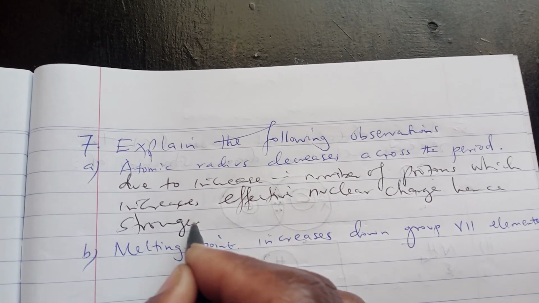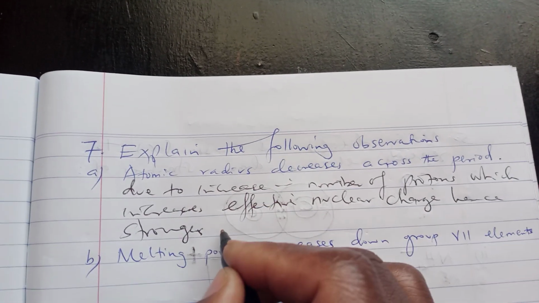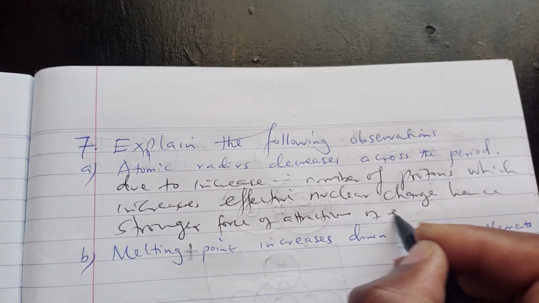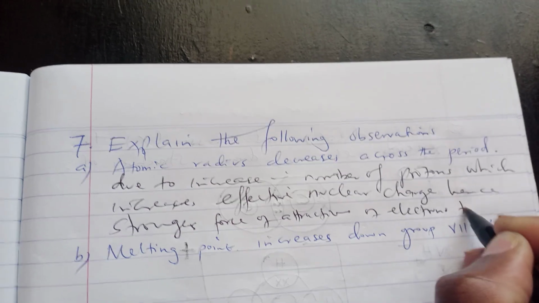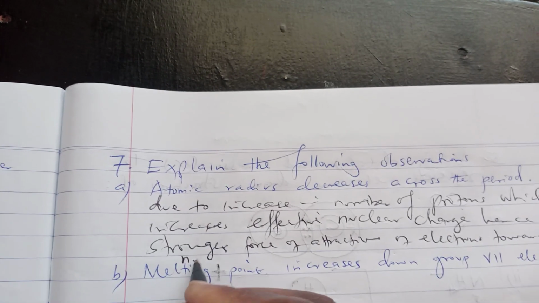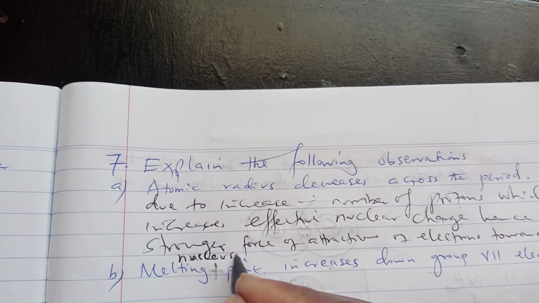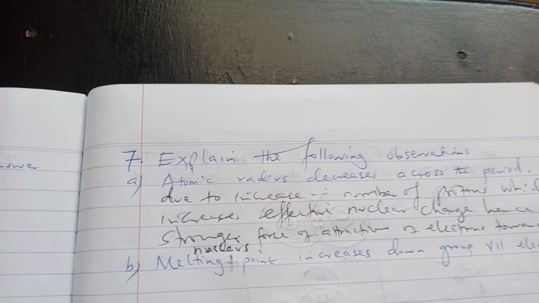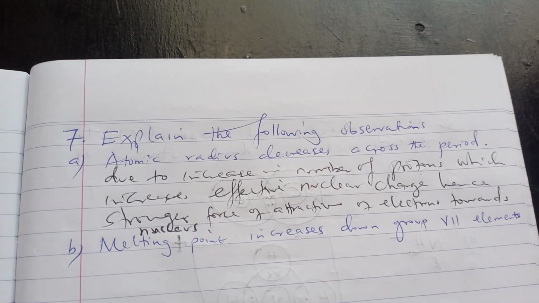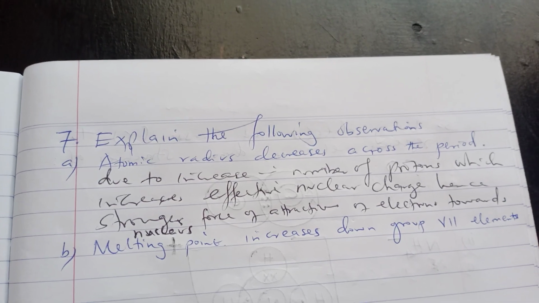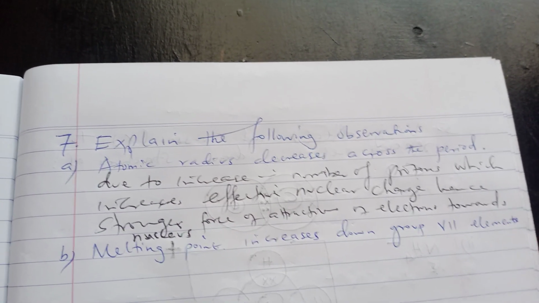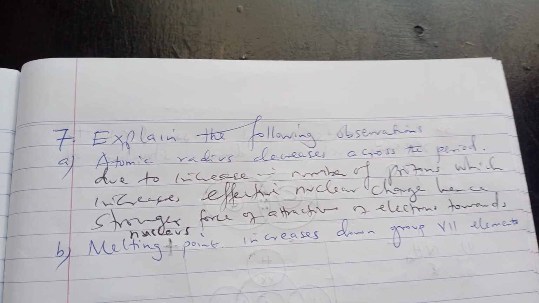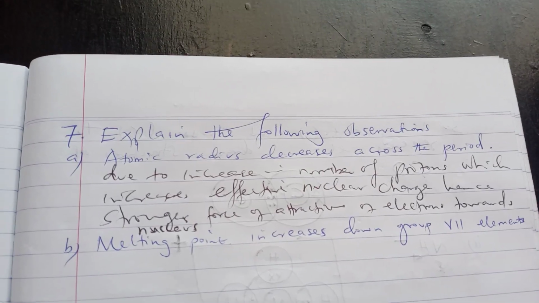Stronger force of attraction of electrons towards nucleus. So you'll find that as you move from left to right, as you move across a period, the number of protons are increased, the nuclear charge is therefore increased, and the force of attraction between the electrons and the nucleus becomes higher, and therefore the atomic size or the atomic radius of those elements must decrease.